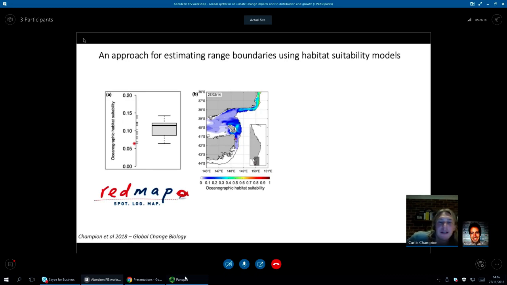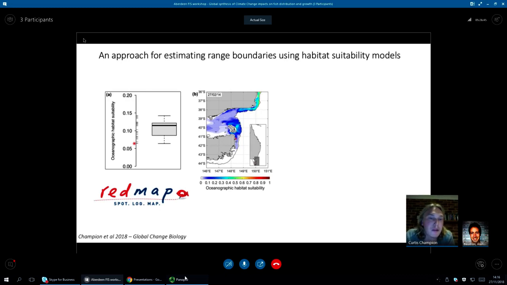It's an ideal data set to look into species range boundaries in Australia. So what we did is we pulled all the occurrence records for kingfish out of that database, and they were not used to train the initial habitat model. And we made daily predictions of suitable oceanographic habitat for kingfish for every record that was in that database, and we extracted the values.